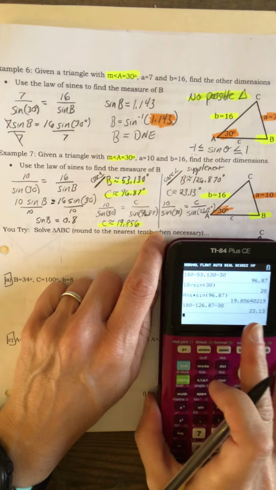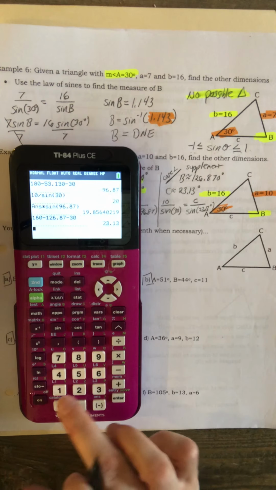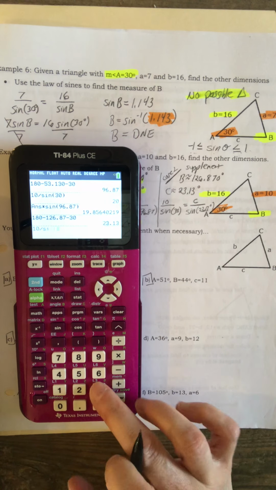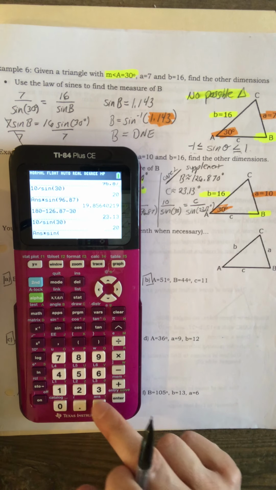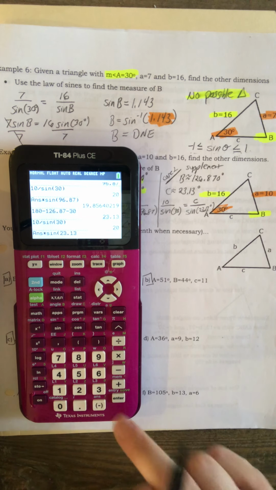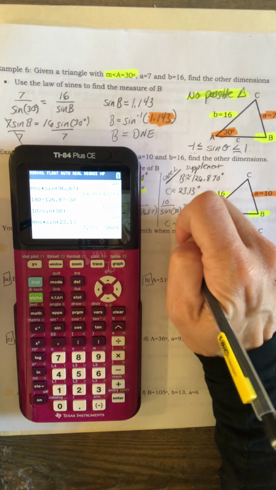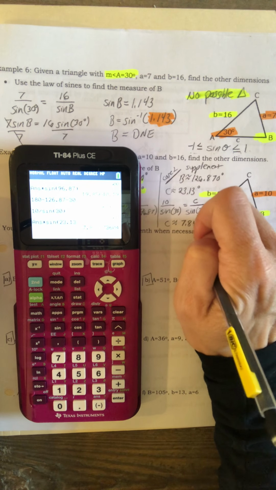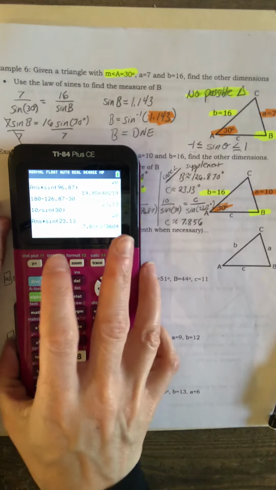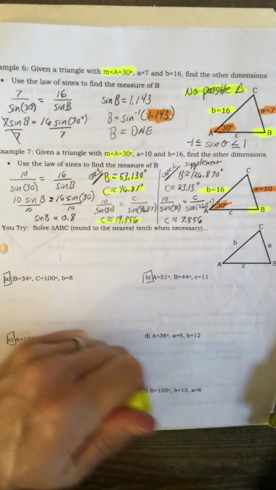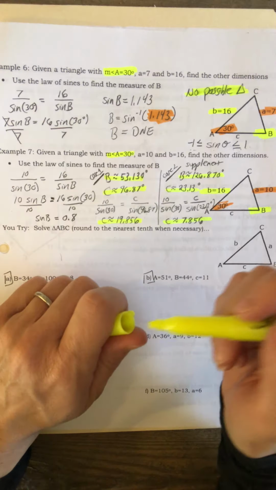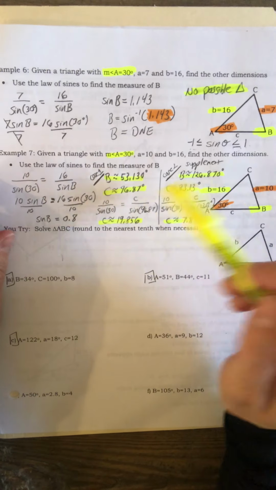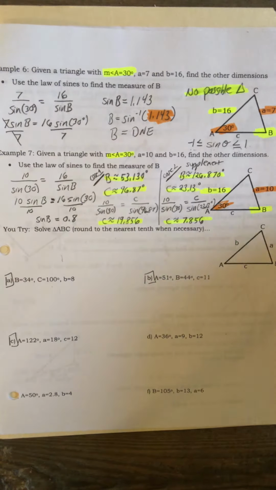So I'm getting, in this case, 10 divided by sine of 30, and then I'd multiply it by that sine of 23.13. And I'm going to get that C to be approximately 7.856. So I would have two possible triangles. This would be triangle 1, and this would be triangle 2.